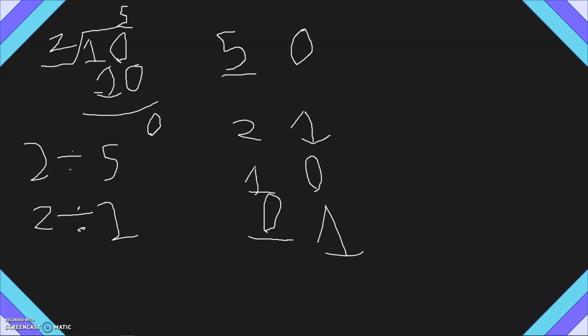Now we're going to read the remainders. We're going to take this remainder, this remainder, this remainder, this remainder, and we're going to say it backwards.